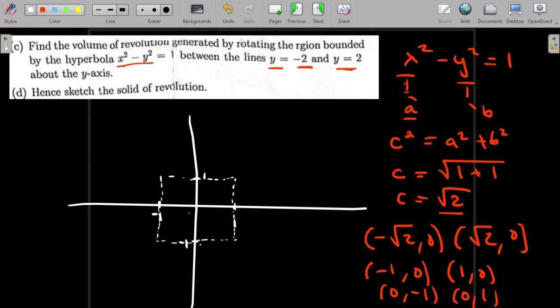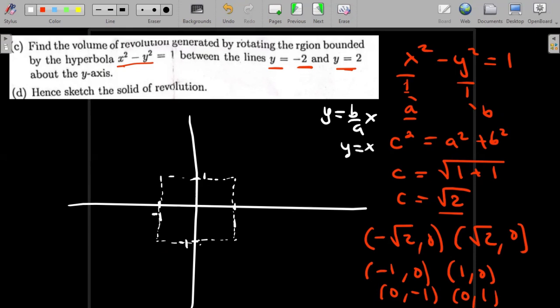One other thing that I must take note of is my asymptotes. My asymptotes will be given by y equal to b over a times x. So b and a are just 1, and this means that y is equal to x.